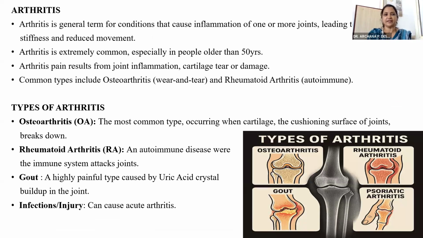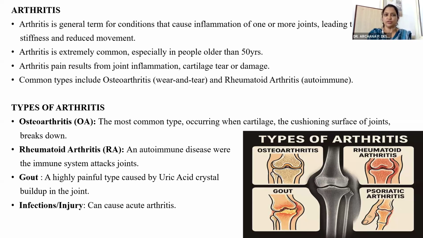Now next is the anti-arthritic effect of Rhus Tox. Everyone knows what arthritis is. Whenever one or more joints are involved, leading to pain and associated symptoms, we call it arthritis.